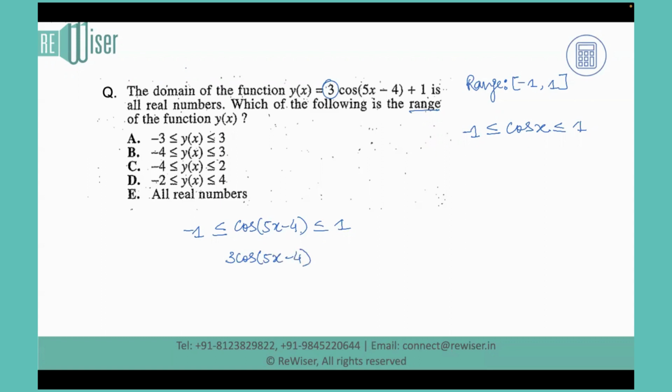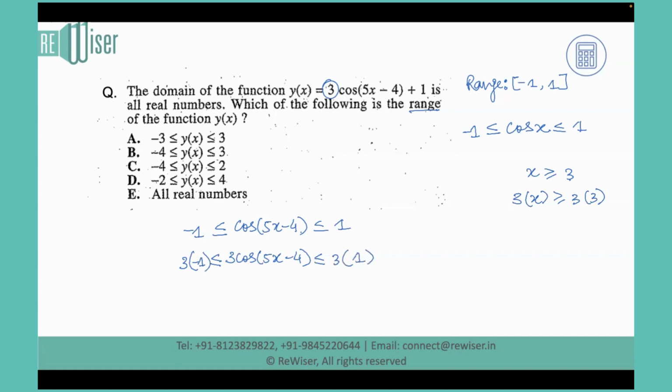The inequality works the same as if I were given x is greater than or equal to 3 and I'm multiplying by 3 on both sides. In the same way, I multiply by 3 on all sides of this inequality, which gives me 3 times negative 1 is less than or equal to 3 times 1.